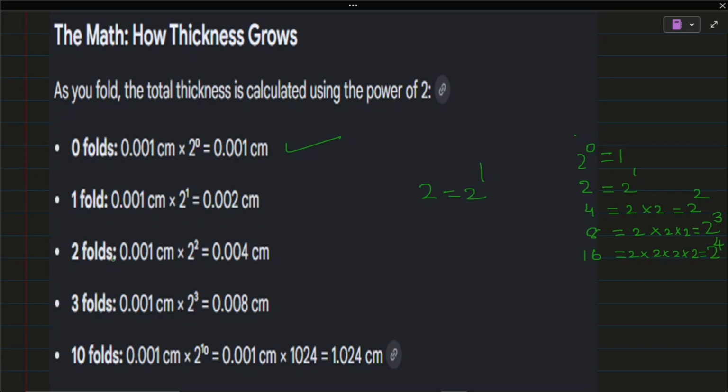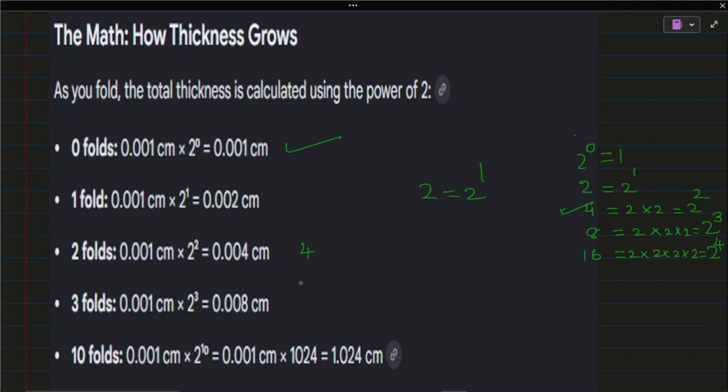Now in the second fold, 4 layers will be there, and 4 we can express as 2 square. So the thickness will be 4 multiplied by 0.001, or we can write it as 2 square into 0.001.